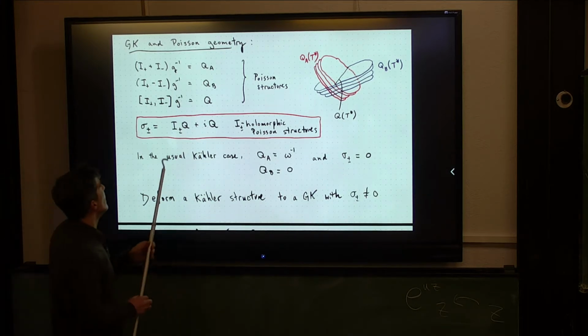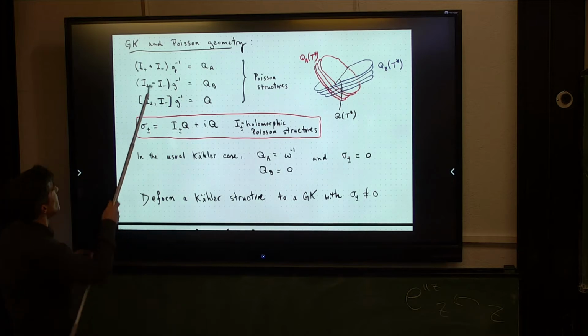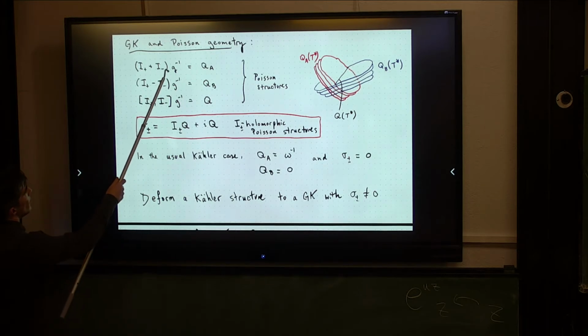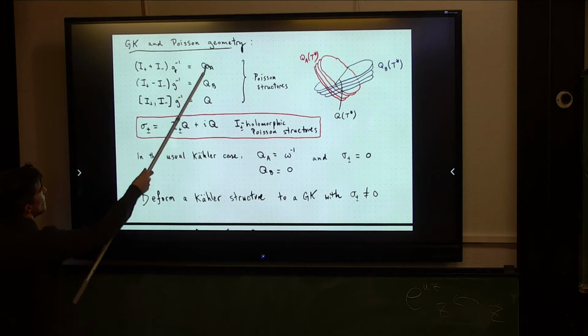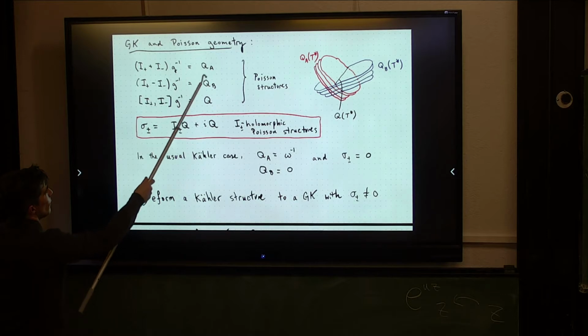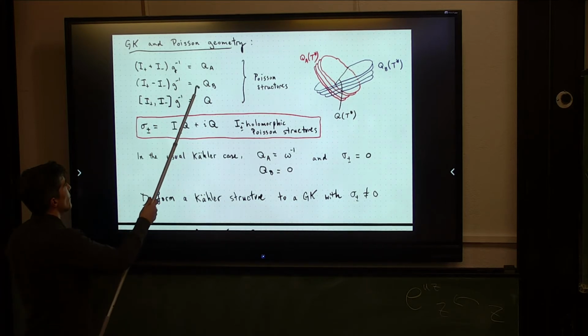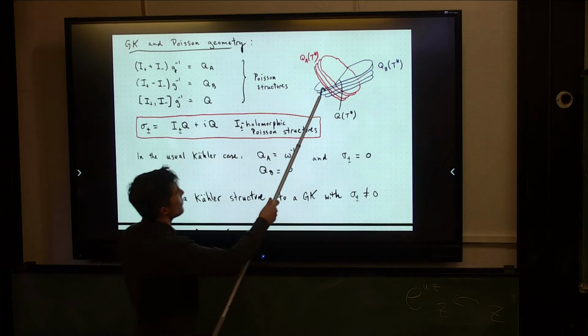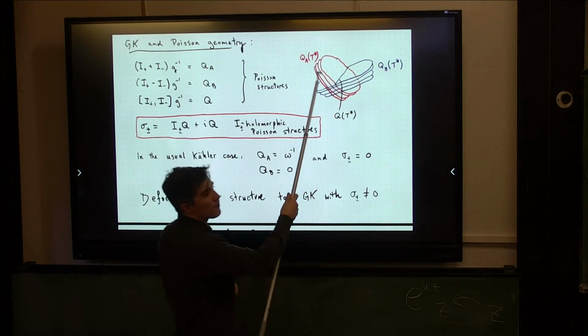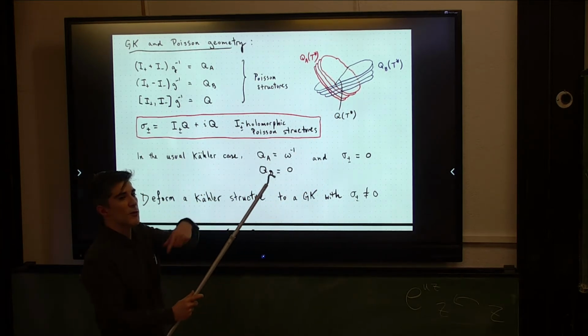So it turns out that when you form these combinations, this combination of the sum of the complex structures and the difference of the complex structures with the metric, you get a skew-symmetric bivector, which is actually Poisson. So you get a Poisson structure and another Poisson structure, and what I tried to draw here is the symplectic leaves of these Poisson structures.